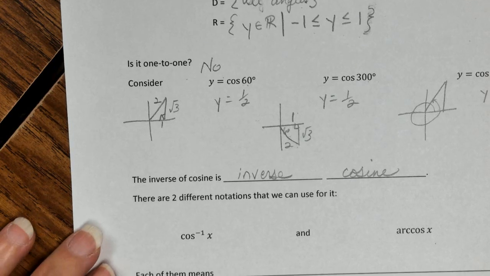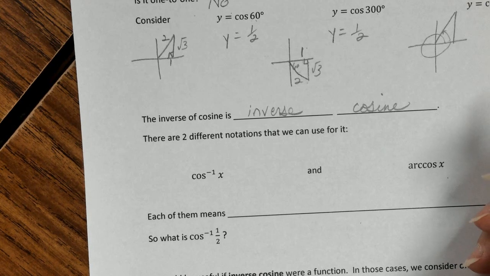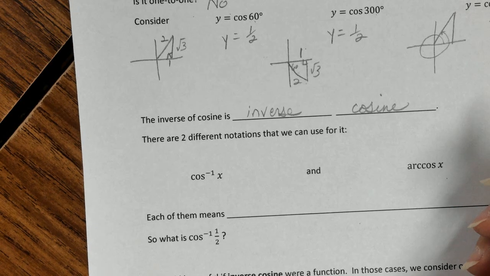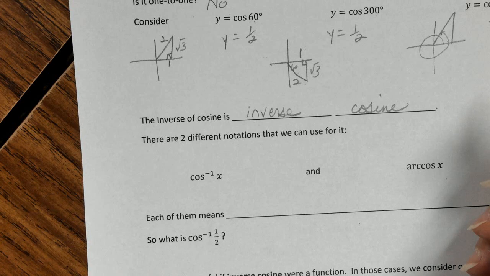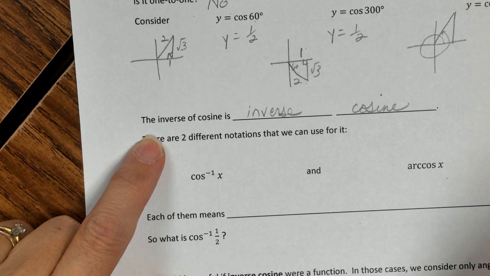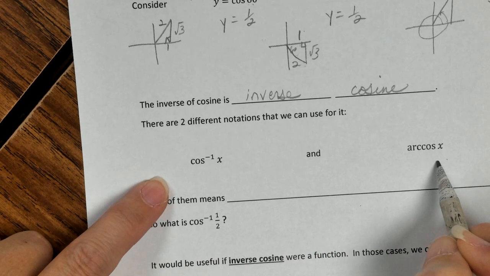Okay. You may recall, just recently, we were talking about inverse functions. If a function is 1 to 1, then it has an inverse function. Cosine's not 1 to 1. It has an inverse, but the inverse is going to be a relation rather than a function. But we call the inverse of cosine inverse cosine. And there are a couple of different notations that we use for that.